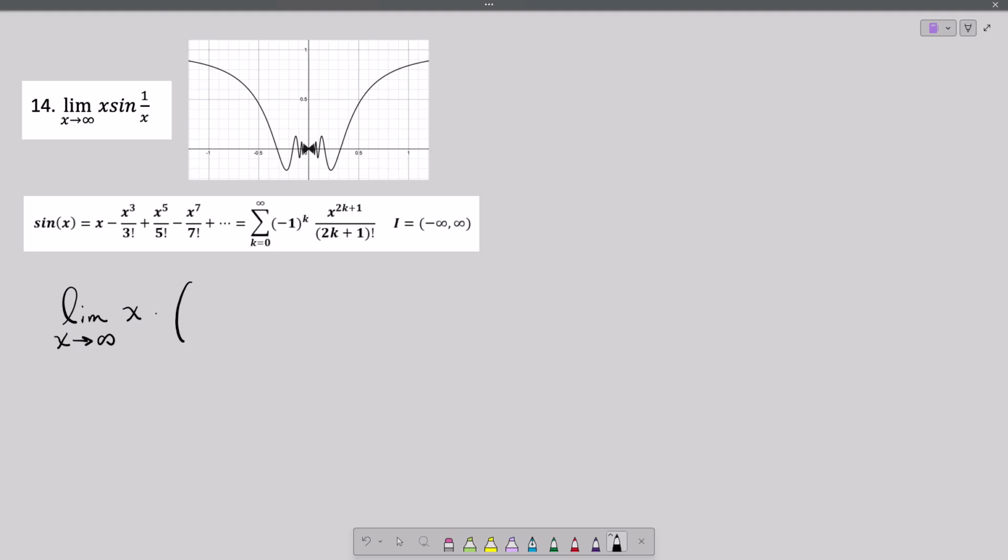And maybe I'll put e to the x up on the board because e to the x is such an important one. So e to the x is 1 plus x plus x squared over 2 factorial plus x cubed over 3 factorial plus x to the 4th over 4 factorial, etc. If we wrote it in summation notation, it would be x to the k over k factorial when k starts at 0.